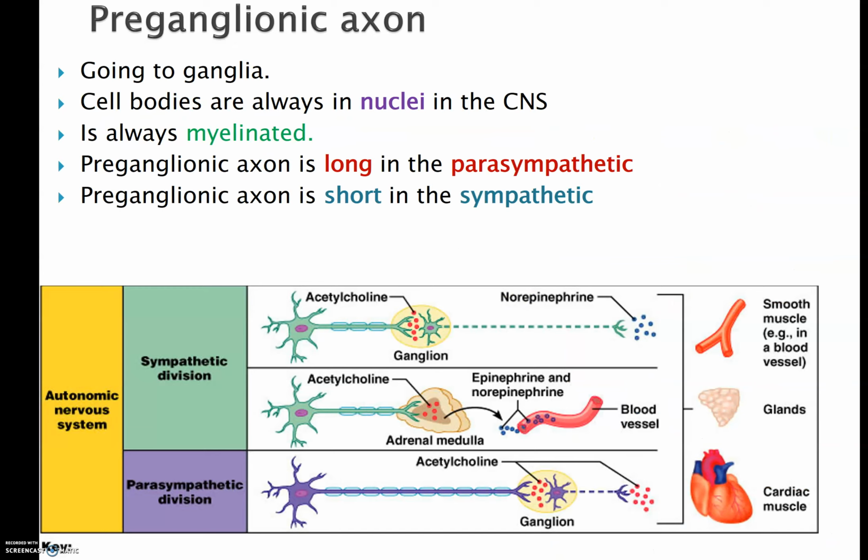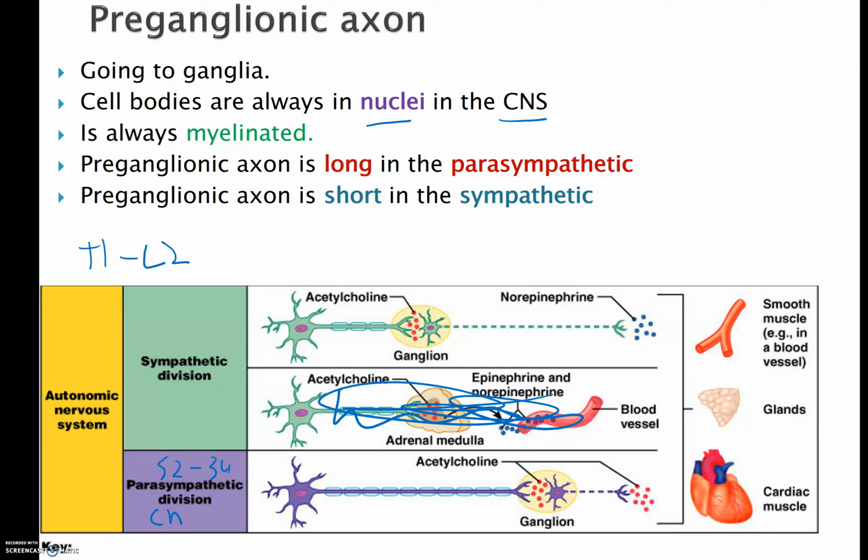So the preganglionic axon, again, is going to the ganglia. And we're actually going to ignore this middle one right here for now. The cell bodies are in nuclei in the central nervous system: for the sympathetic division, from T1 to L2, and for the parasympathetic, 4 cranial nerves and S2 through S4.